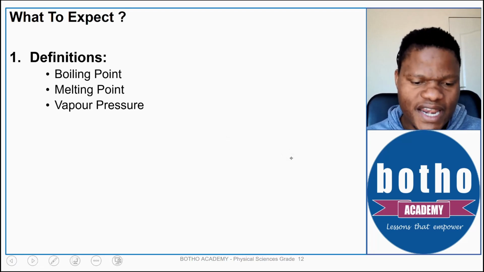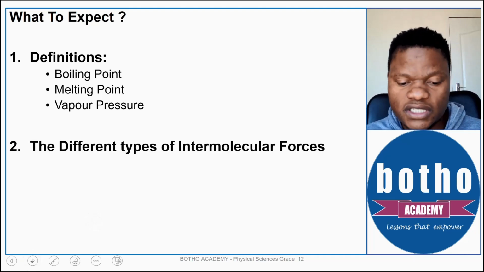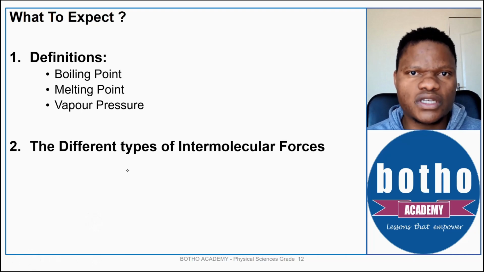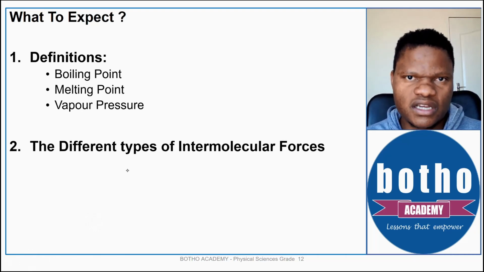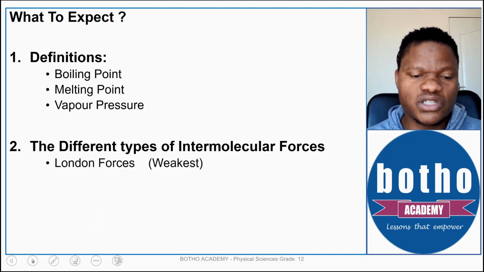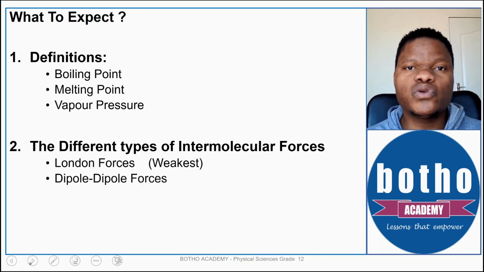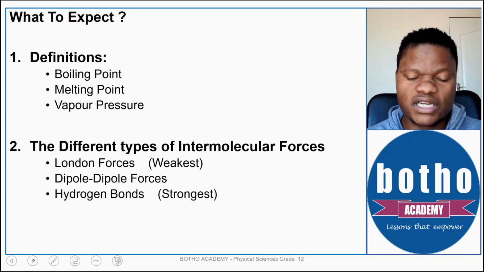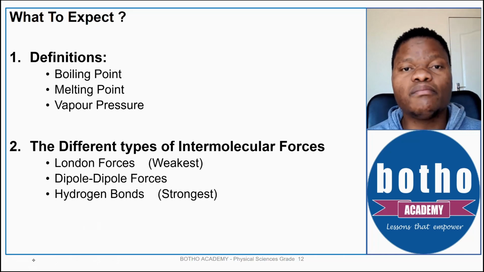Now next is what is at the center of this particular section: the different types of intermolecular forces. You should be able to know those intermolecular forces and be able to rank them according to their strength. You should know which intermolecular forces are the weakest, and those are the London forces, followed by the dipole forces, and lastly we have the strongest of the 3 types of intermolecular forces, and those are the hydrogen bonds.